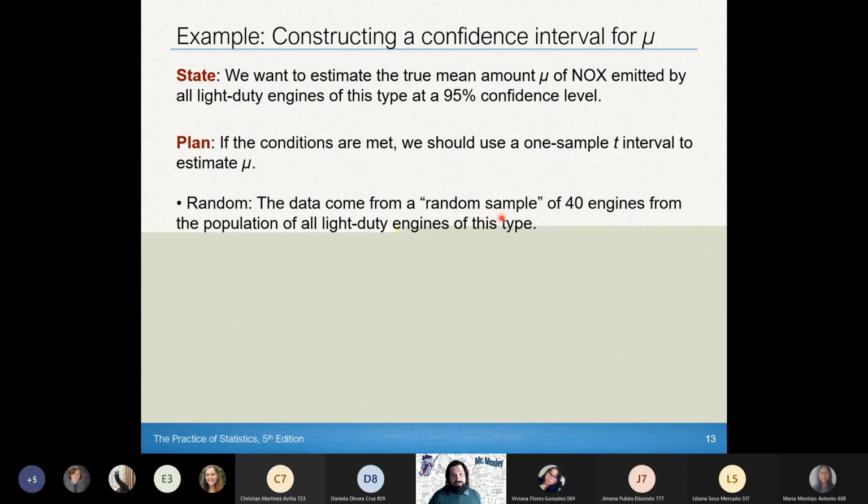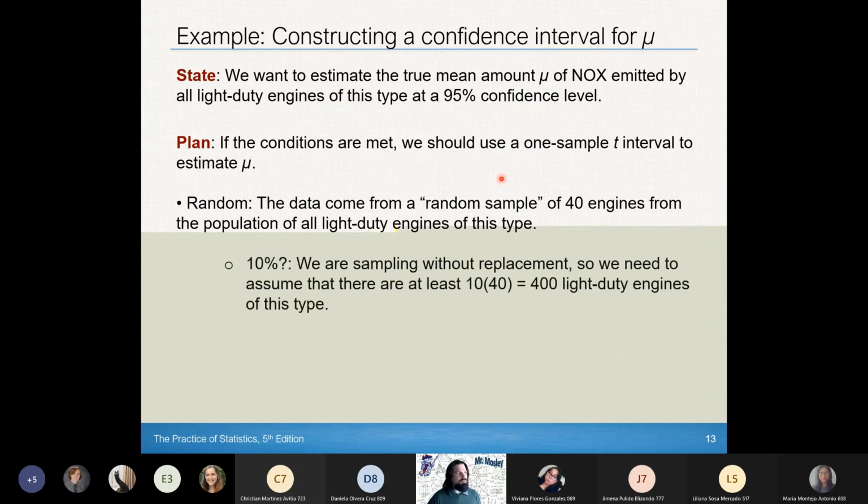Random. The data came from a random sample of 40 engines from the population of all light-duty engines of this type, so we're good to go. It was a random sample. 10%. We are sampling without replacement, so we need to assume that there are at least 10 times 40, equaling 400, light-duty engines of this type.